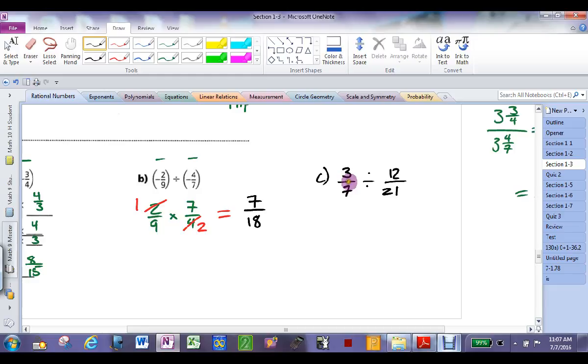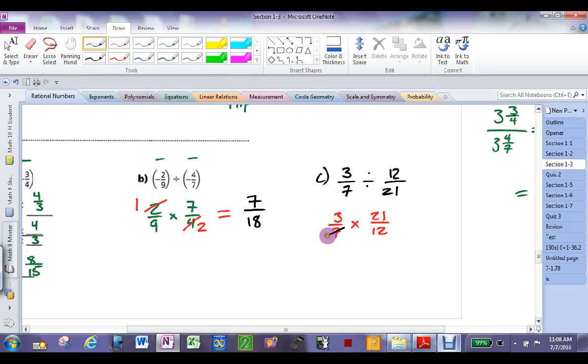Would anybody like to walk us through this? Aiden? So, what's 3 over 7? 3/7, because I don't change the first thing. Times 21/12? 21 over 12, which, by the way, I chose because it's the name of Rush's best album, Rush being the greatest band ever. And then 7 can go into 21. 7 and 21 work together.